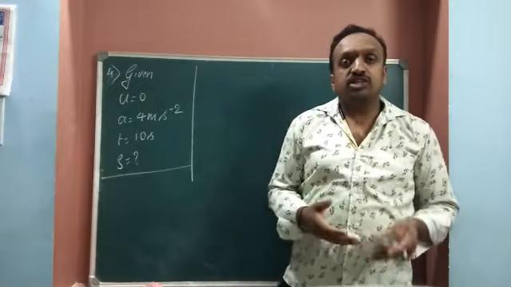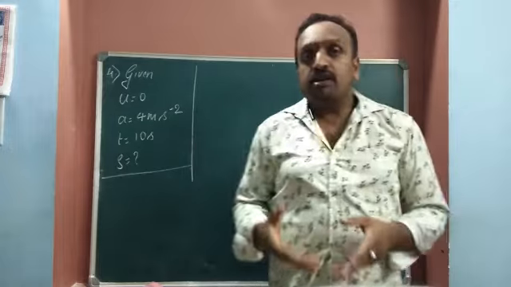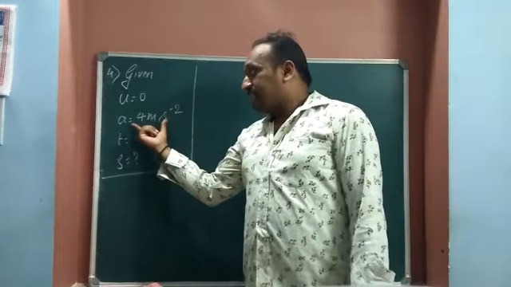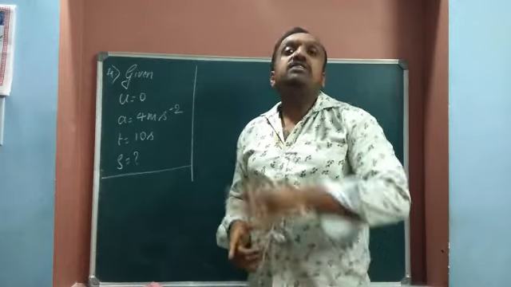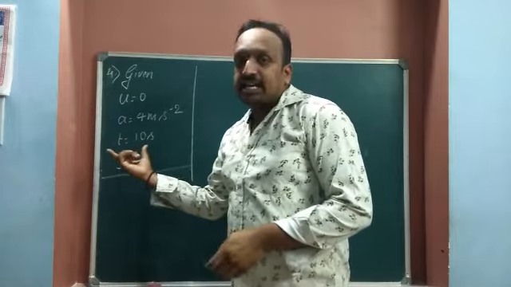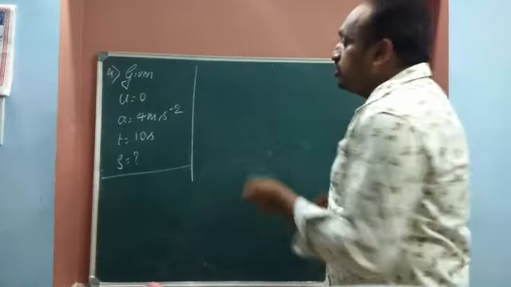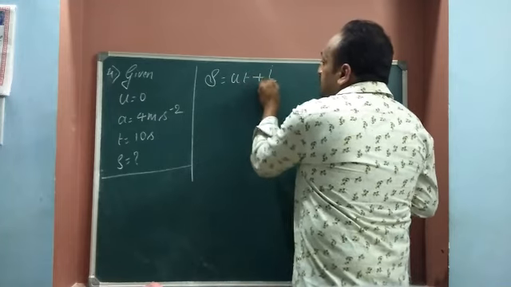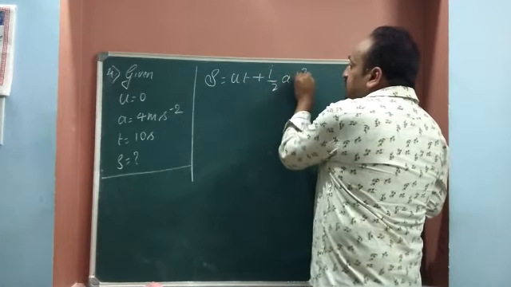Now, fourth question. A racing car acquires an acceleration of 4 meter per second square. How far will it travel from the start after 10 seconds? To solve this one, we are going to use the formula s is equal to ut plus half at square.